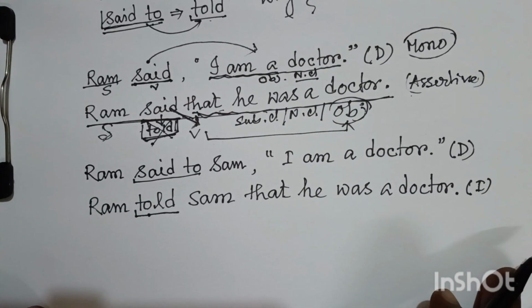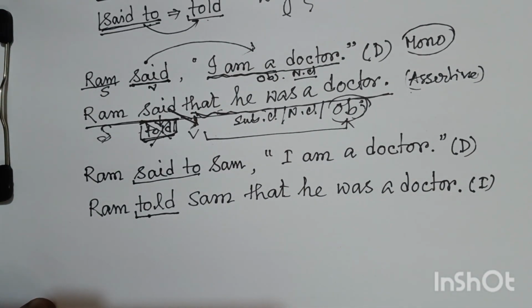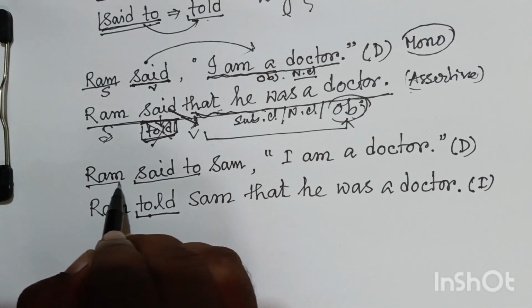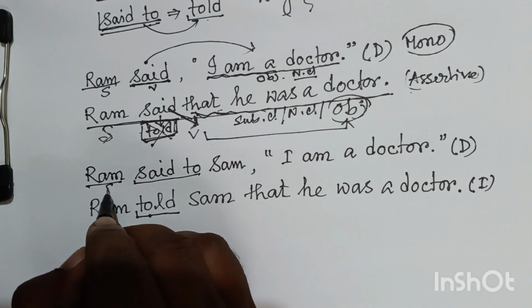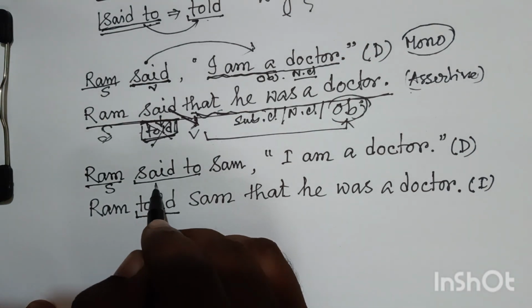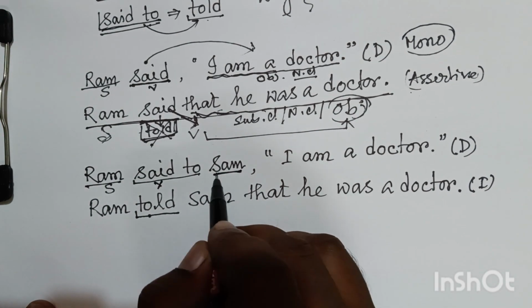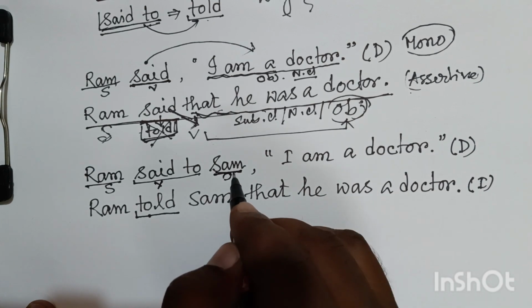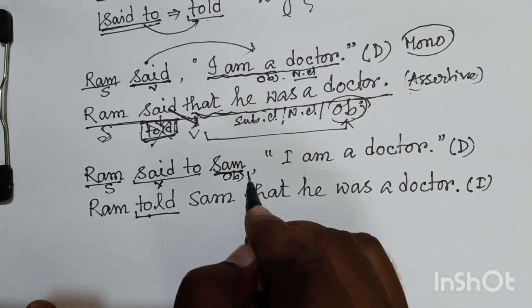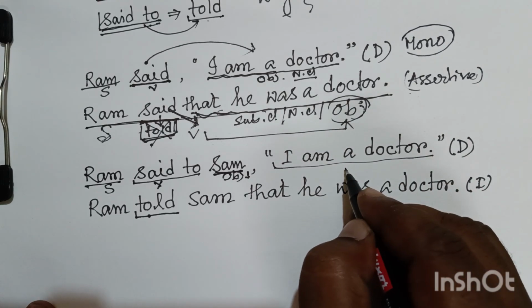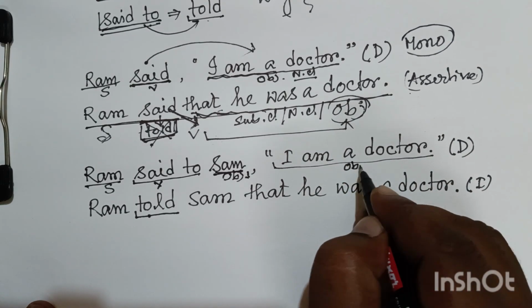But look at this case. Here you can see Ram is the subject. Said is the verb. And this word Sam, this is object number one. And this entire clause is also an object, object number two.